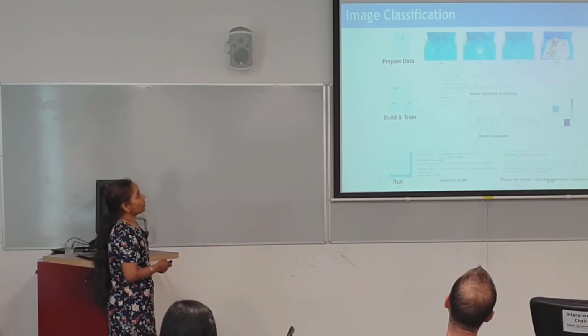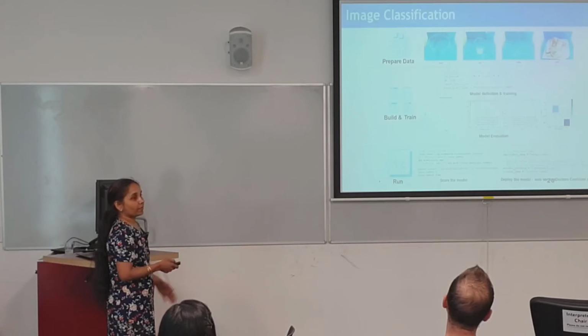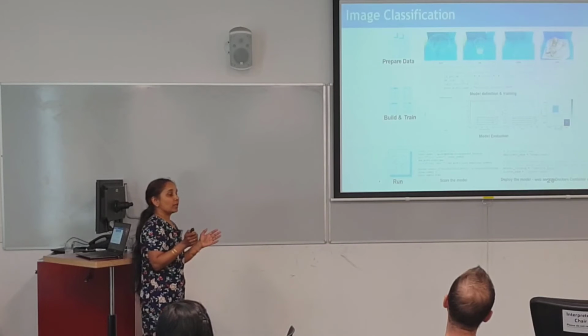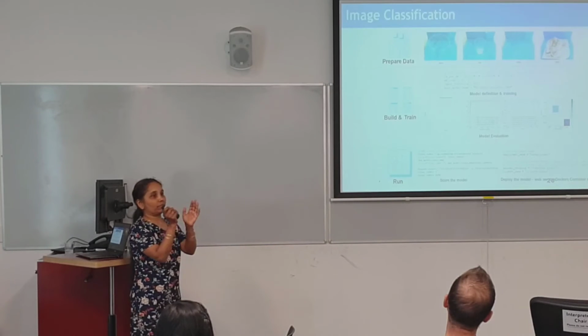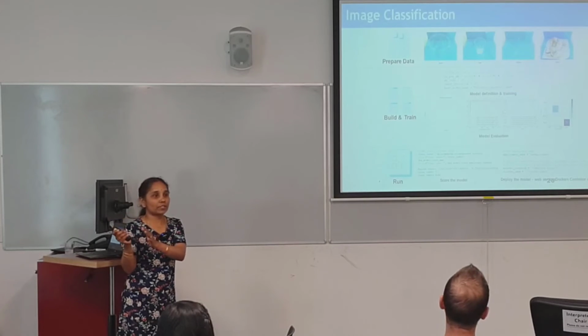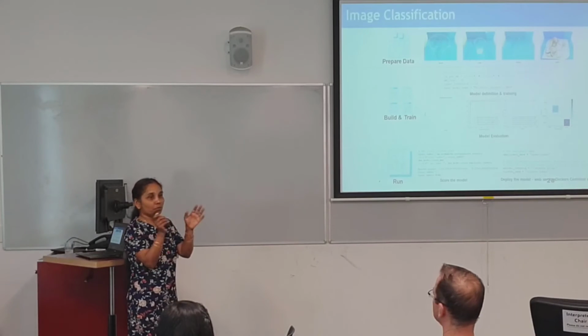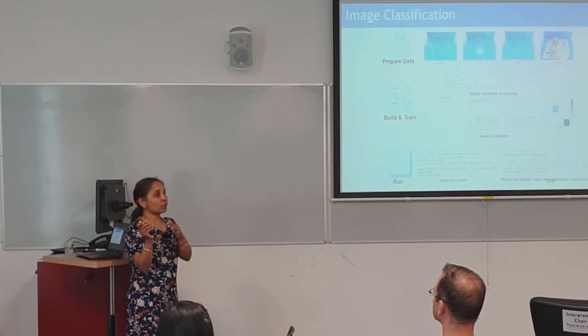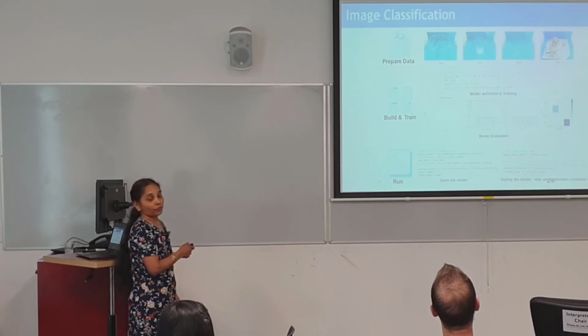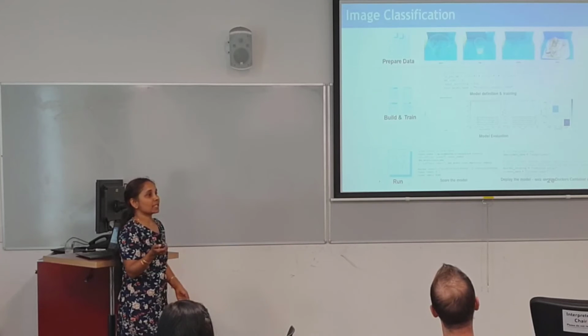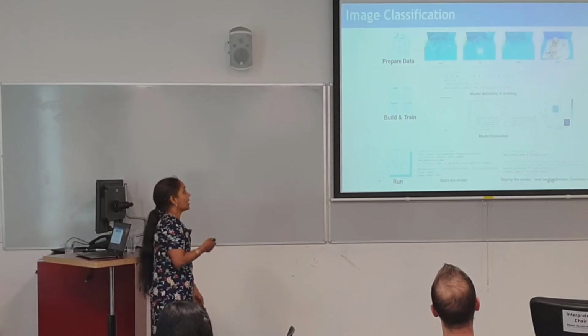So you can prepare your data. For example, you have a bunch of photographs, a bunch for apples, a bunch for bananas, a bunch for oranges. You group them in 3 folders, and that comes under the preparation of your data. I'm just taking simple examples because bananas and apples, everyone will understand.